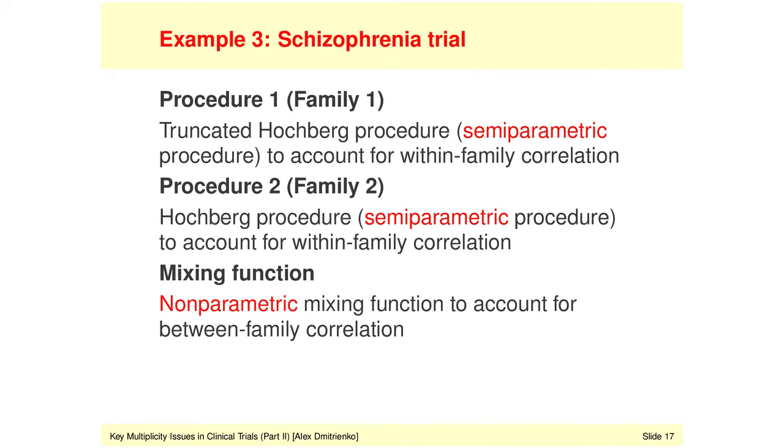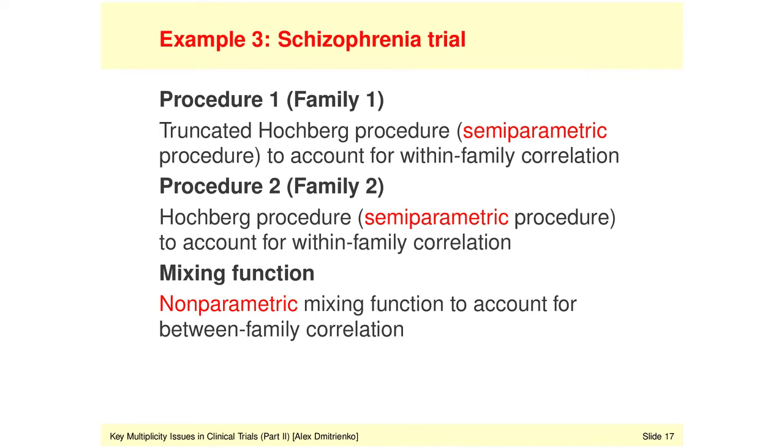The approach that would be most sensible in the context of example 3, based on the schizophrenia clinical trial, is that we're going to first recognize the fact that the joint distribution of the test statistics is unknown to us, due to the fact that we don't know the true correlation between the primary and secondary endpoints.